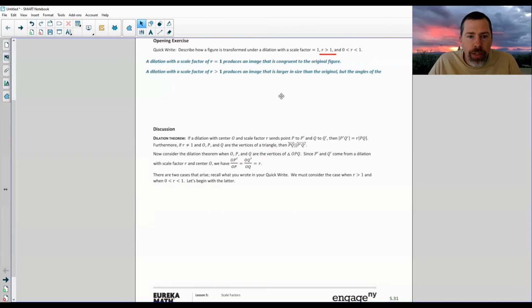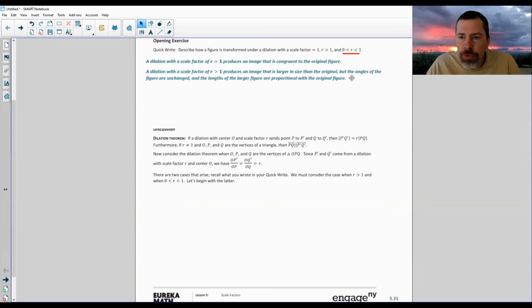A dilation with a scale factor of r greater than 1 will produce an image that is larger in size than the original, but the angles of the figure are unchanged, and the lengths of the larger figure are proportional with the original figure. Okay, so they're proportional and angles are congruent.